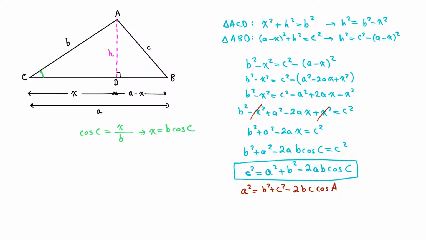Or b squared is equal to a squared plus c squared minus 2ac cosine of angle b. These are all valid.